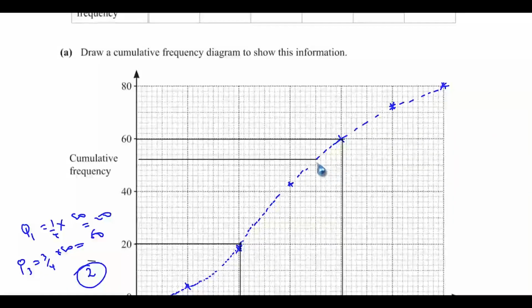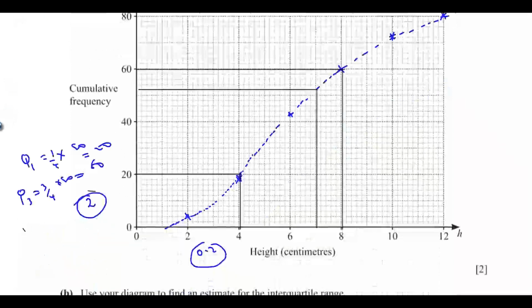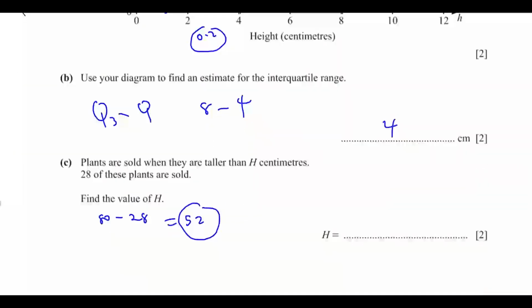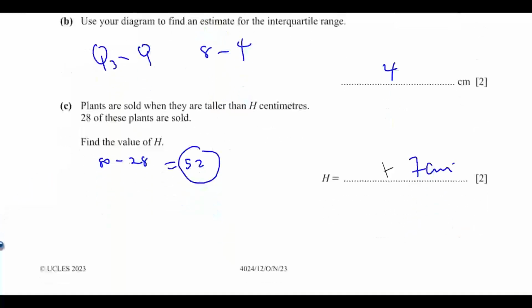So now let's trace this one down here. And the corresponding value is 7. So let's scroll down and write 7 centimeters here. Okay, H is equal to 7 centimeters. Okay, so let's go to the next question.